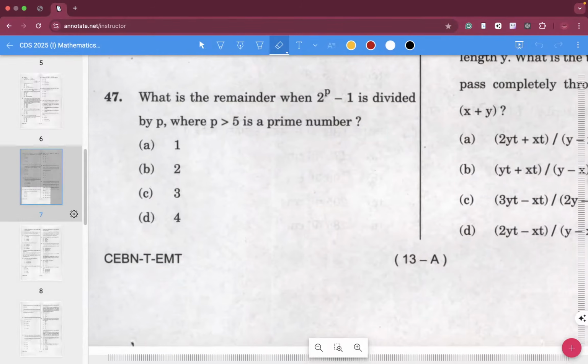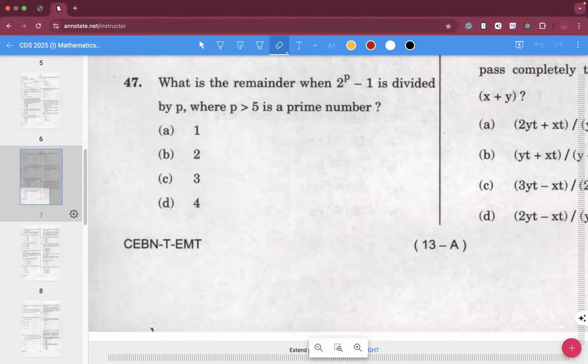What is the remainder when 2 raised to the power p minus 1 is divided by p? That's what they are asking.